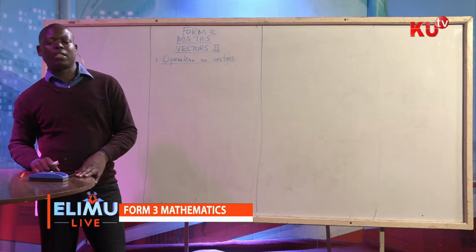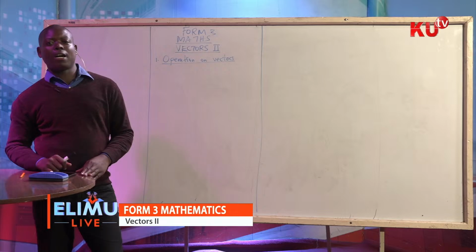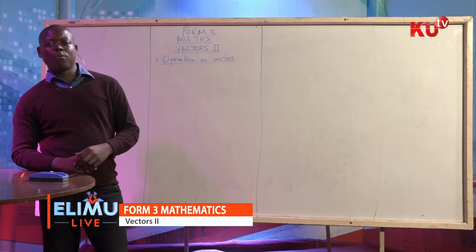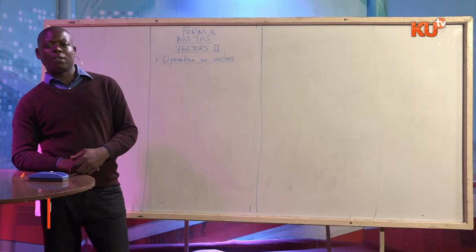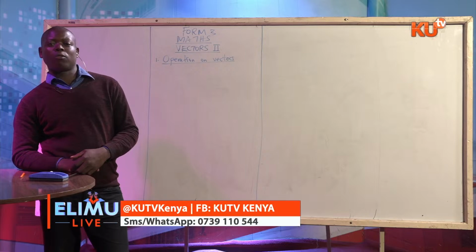We are presenting a concept where we see the application of the knowledge we learned in Form 1 under operation on whole numbers. Mainly, we do three operations in vectors. We work out addition, subtraction, and what we call scalar multiplication of vectors.